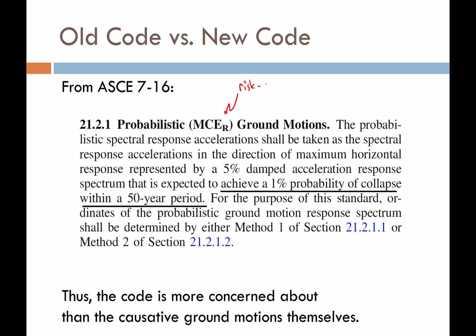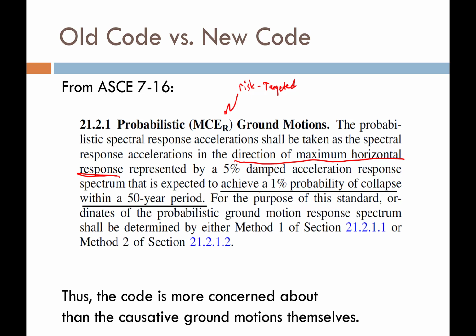The probabilistic spectral response accelerations, so that's the response spectrum, shall be taken as the spectral response acceleration in the direction of maximum horizontal response. So that's one thing that was new. Represented by a 5% damped acceleration response spectrum that is expected to achieve a 1% probability of collapse within a 50-year period.